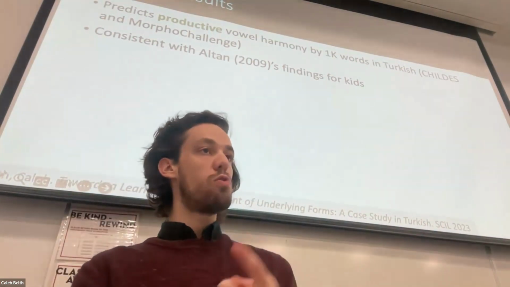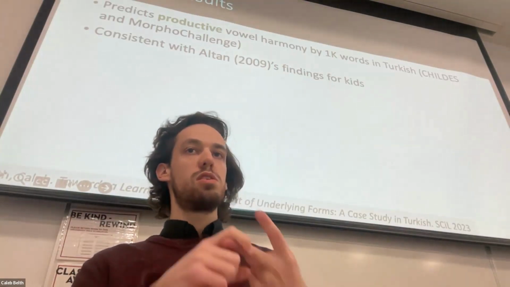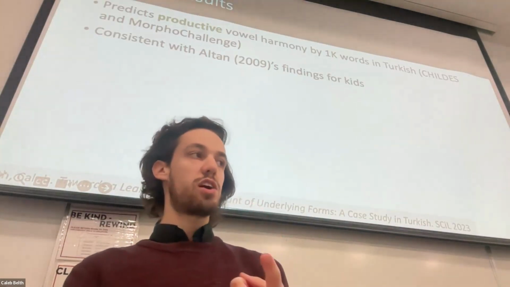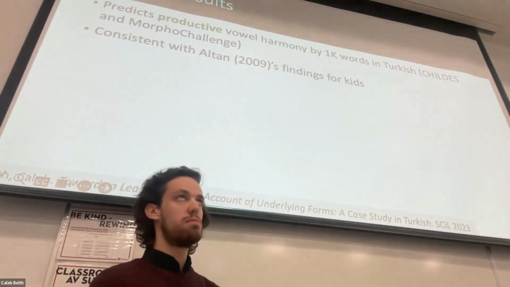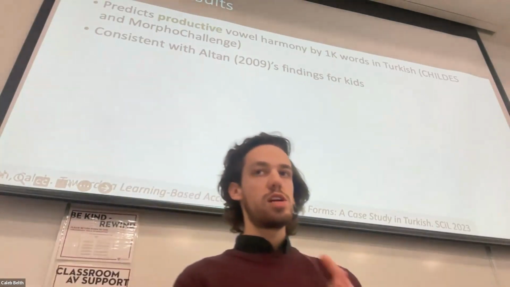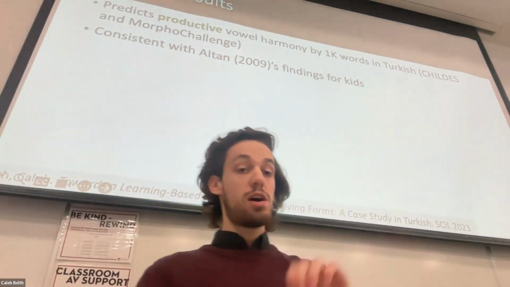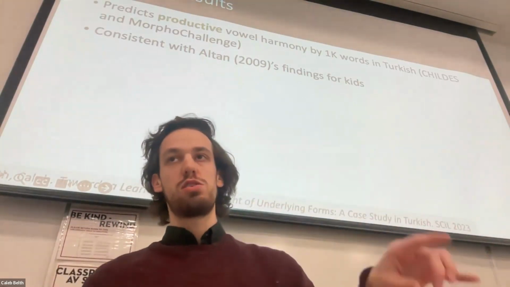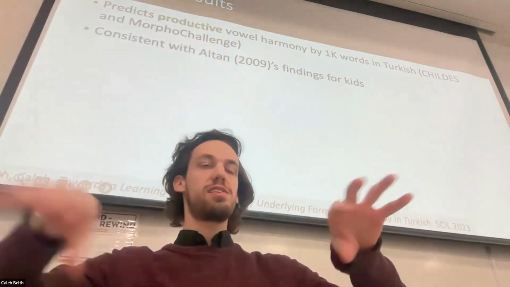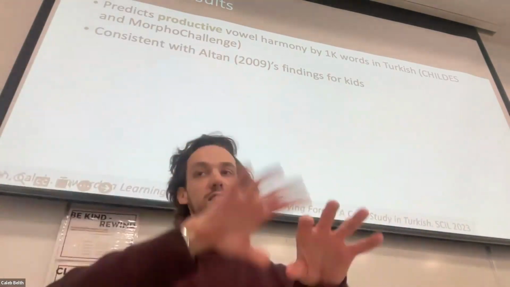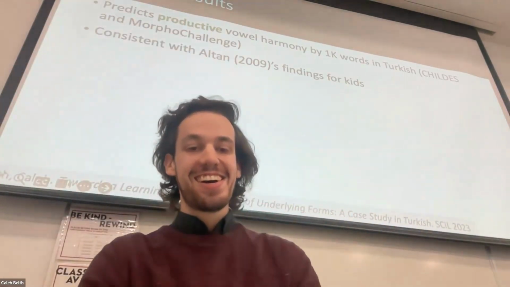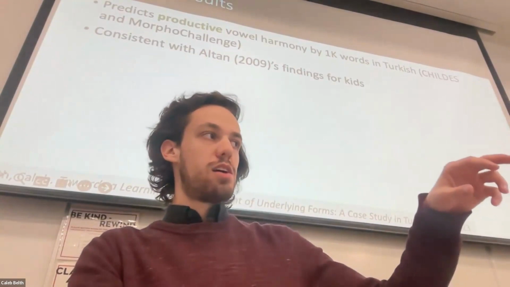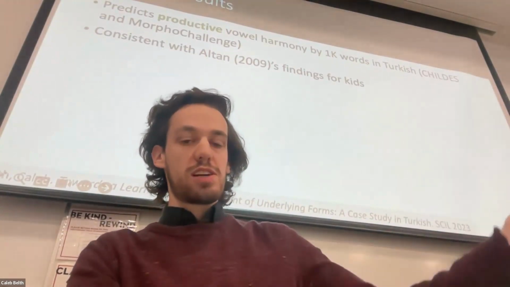Second of all, they overextend it to loan words, which are exceptional in the adult language. Most of these are Arabic loan words, which are often exceptional in Turkish, so that the suffix will not harmonize with it in the expected way, but children would expect it to harmonize in the expected way, overgeneralizing harmony to what are exceptions in the adult language.